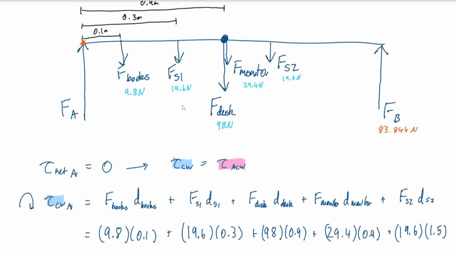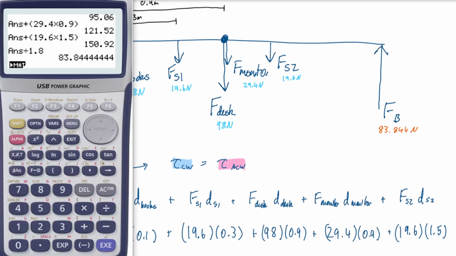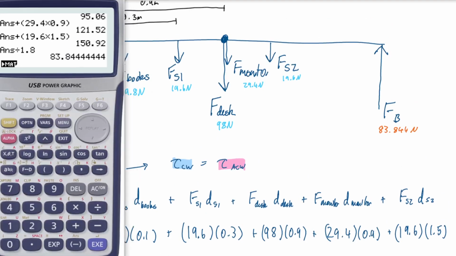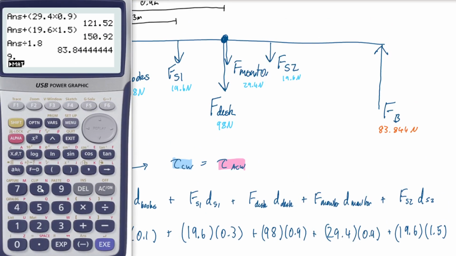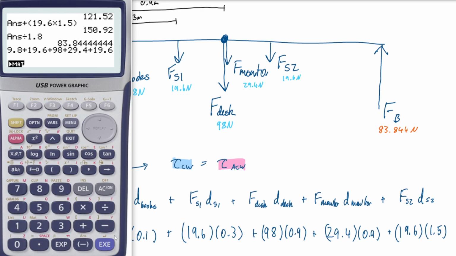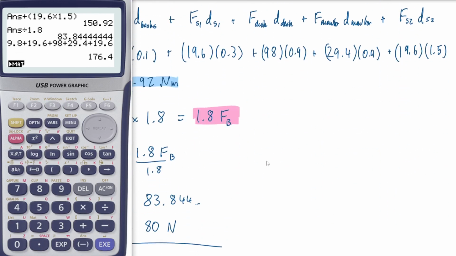It would be the sum of each of these weight forces. So what's that? 9.8 plus 19.6 plus 98 plus 29.4 plus 19.6. Double check. Yep. 176.4.